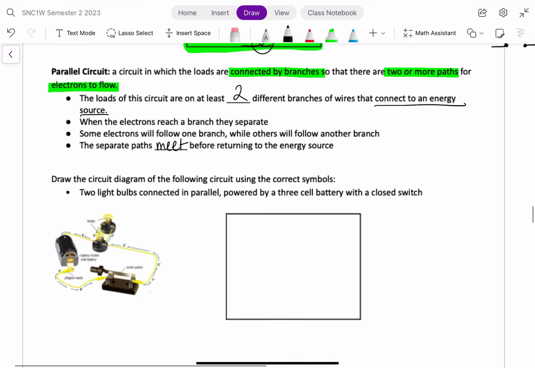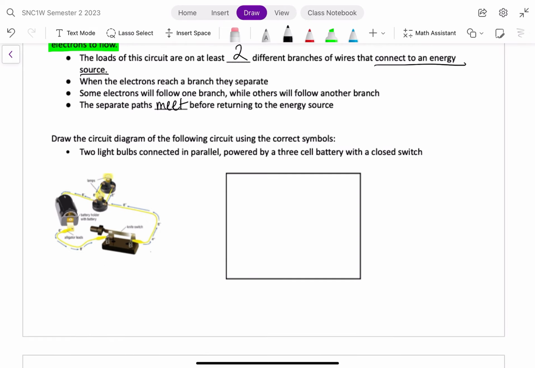So let's take a look at an example with a parallel circuit. So we have 2 light bulbs connected in parallel, powered by a 3-cell battery with a closed switch. So again, let's draw out our battery. There's 2 light bulbs in parallel.